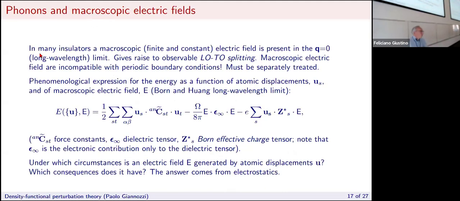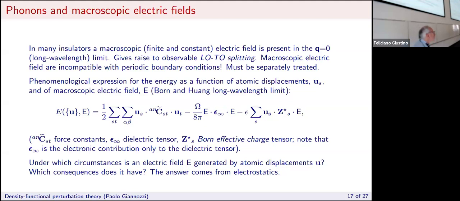Things, unfortunately, are not that simple in most cases. Silicon and germanium are easy cases. Cases that are less easy are those in which, in the limit of zero wave vector, a macroscopic electric field appears.